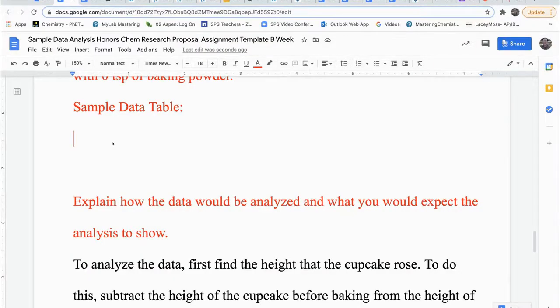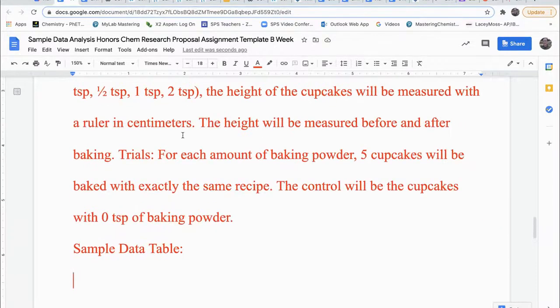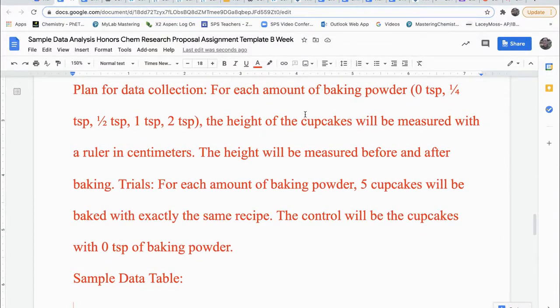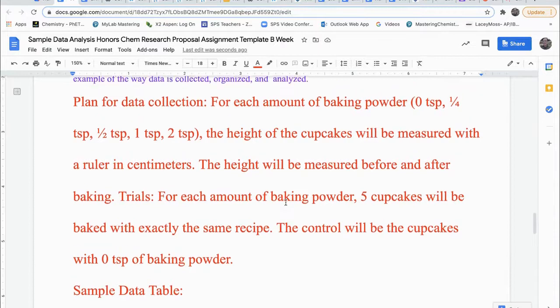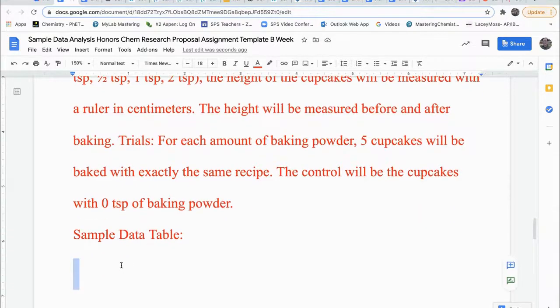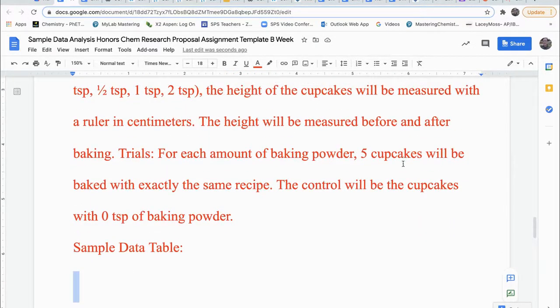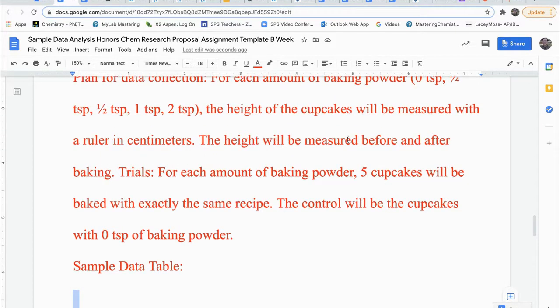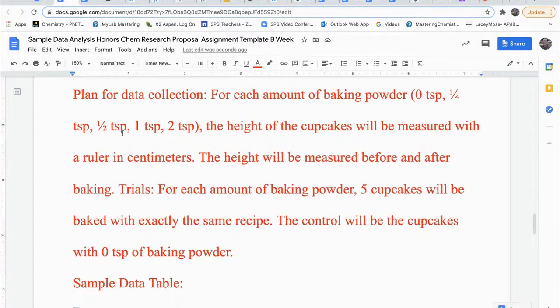So now we will set up a sample data table that will hold the measurements and the data that is collected in the plan. So I'm going to make a table, and I know I need at least 5 trials for my 5 cupcakes. I need to measure the height before and after for each amount of baking powder. So I'm first going to make a table for the control, the 0 teaspoons.